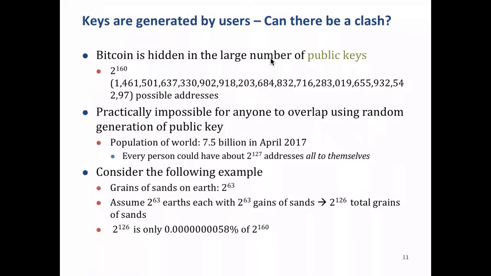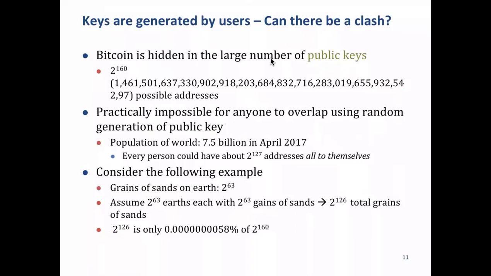What is the probability, considering that your public key is 160 bits and my public key is 160 bits, and we are choosing all these randomly, that your key and mine are the same?